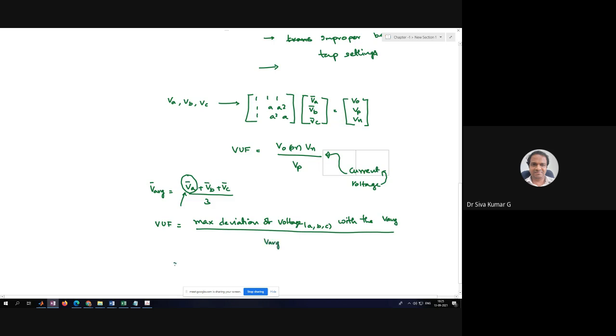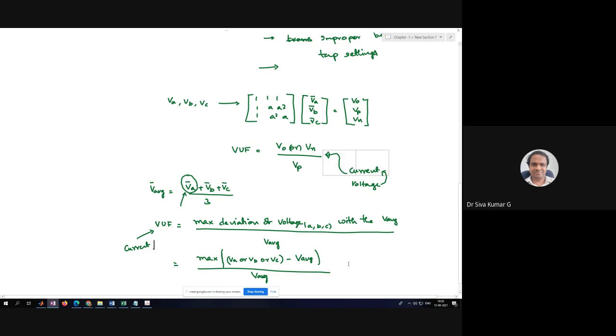Or else we take the maximum value of VA, VB or VC with respect to the V average, divided by V average. This can be applicable to the current also.